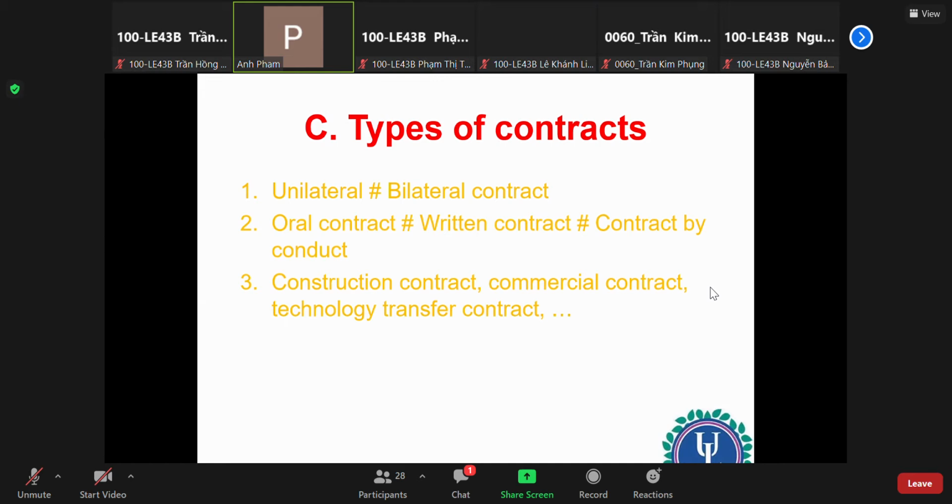In this case, it is a unilateral contract. The contract is entered into by one party only.